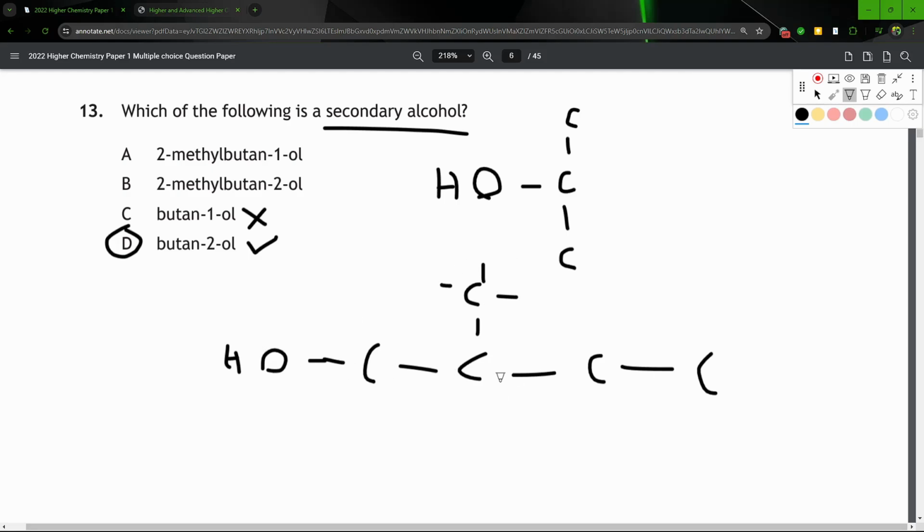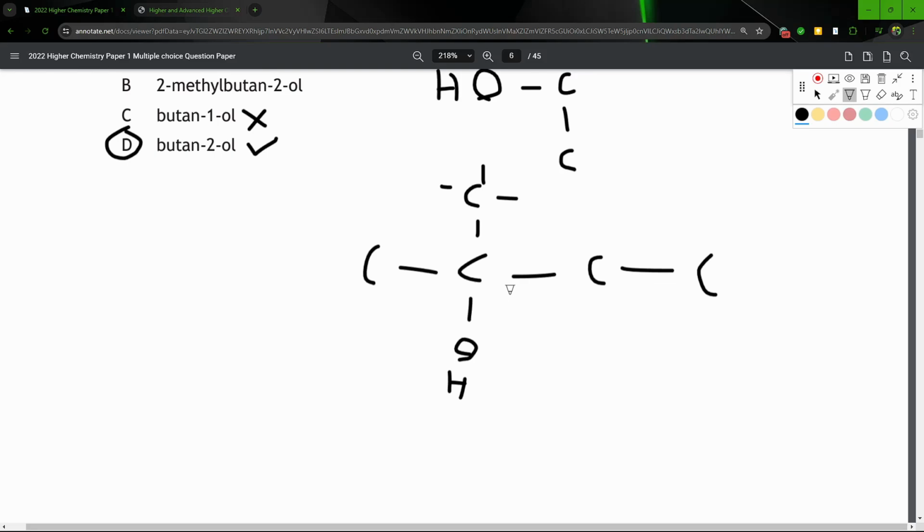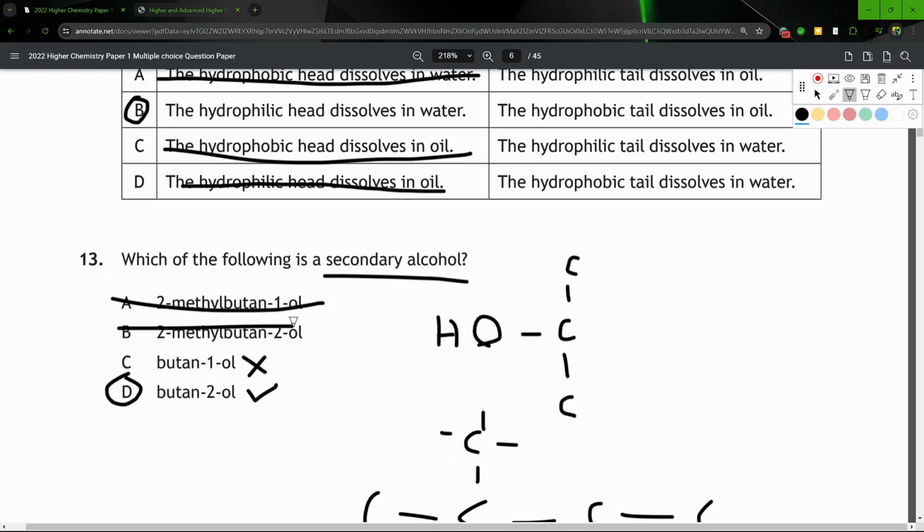This carbon's still connected to only one other carbon, so A can't be right. But what about B? Well, B has the methyl group connecting here, which means it's not a primary or secondary alcohol. It's a tertiary alcohol, so it can't be that one. So it has to be D.